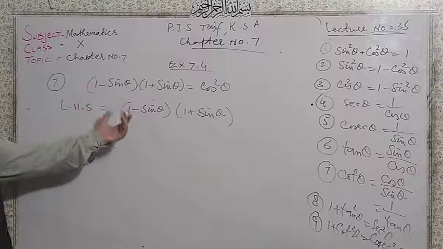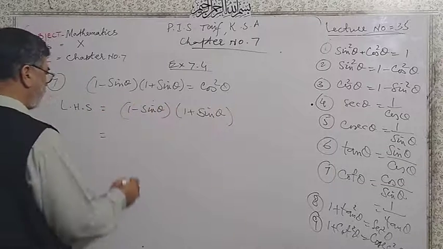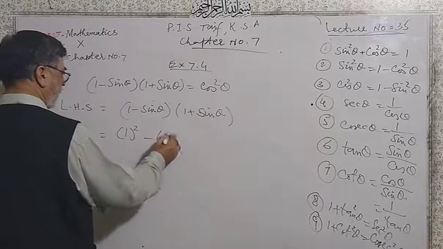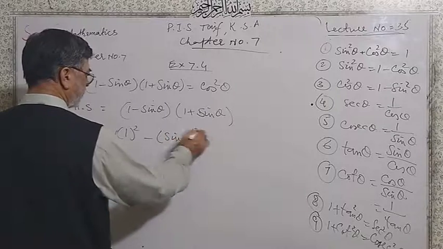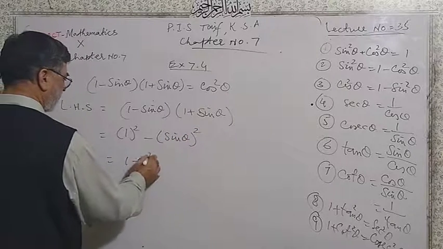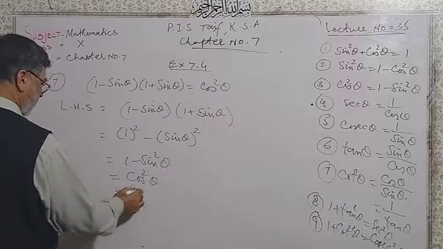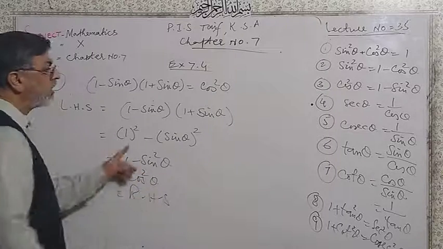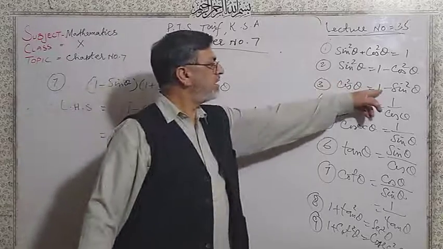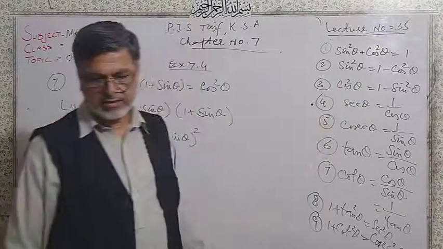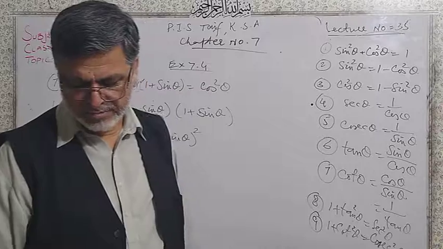You know about this formula, (a minus b)(a plus b) is a square minus b square. So 1 minus sine square theta, and 1 minus sine square theta is cos square theta, that is equal to right hand side. That was the formula which was used.